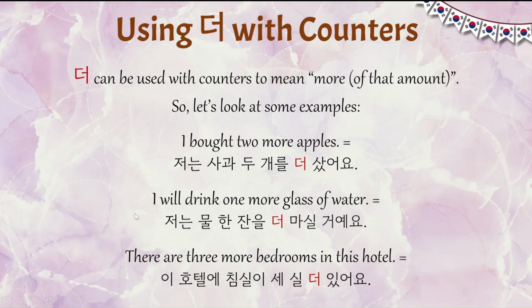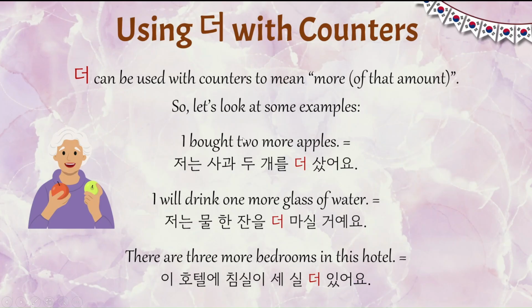Let's see how. I bought 2 more apples. 저는 사과 2개를 더 샀어요. I is 저는, apple, 사과. 2 apples, 사과 2개. To buy, 사다, past tense, 샀어요.